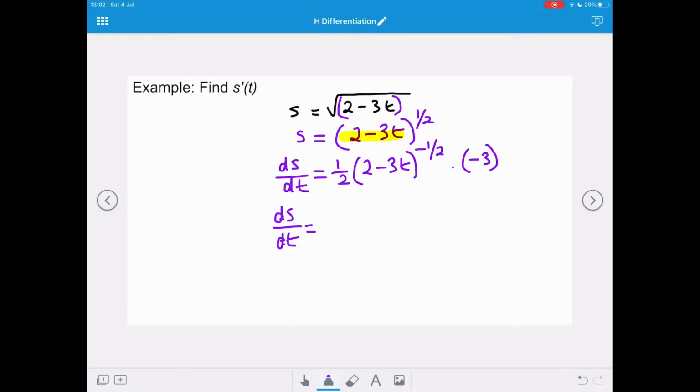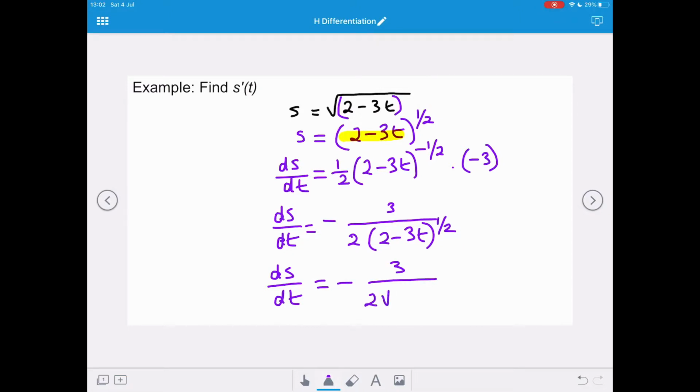And so we're going to end up with negative 3 all over 2 multiplied by (2 - 3t) to the power of a half, making it into a positive index. And then we're going to change that fractional index back into a root. So our final answer is going to be negative 3 all over 2 multiplied by the square root of 2 minus 3t.